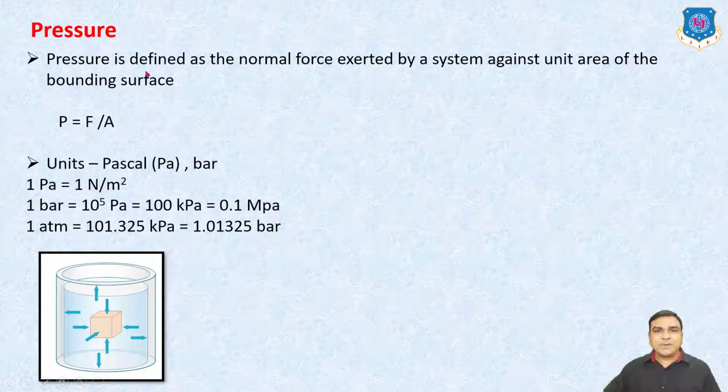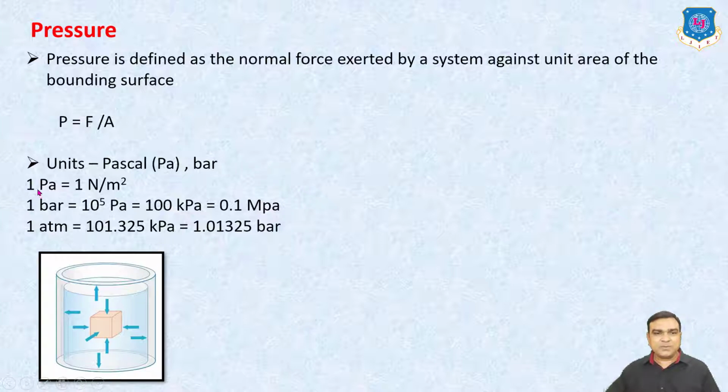Pressure. Pressure is defined as the normal force exerted by the system against a unit area of the boundary surface. So P is equal to F upon A, where F is the force and A is the area. The units of pressure are pascal, bar, and atmospheric pressure.